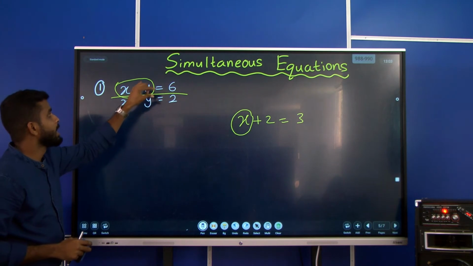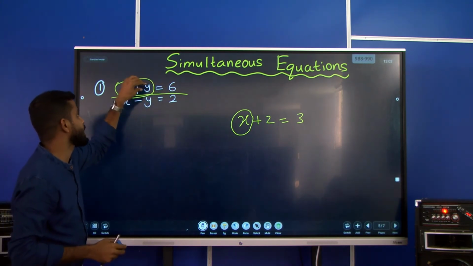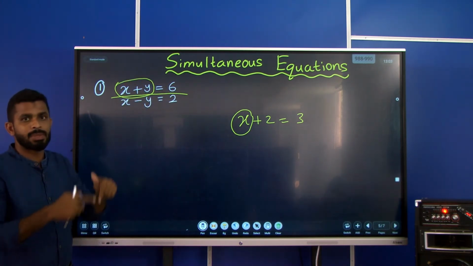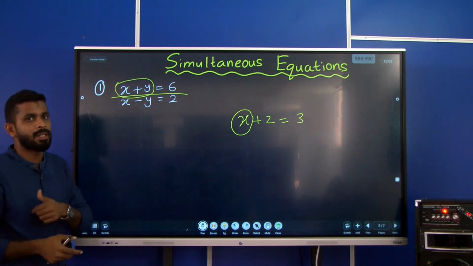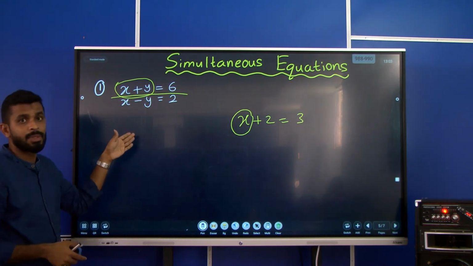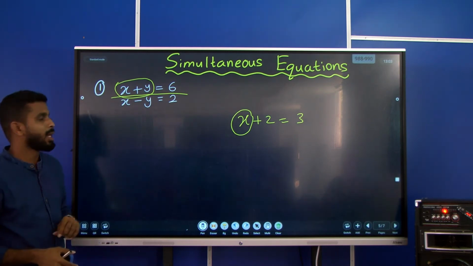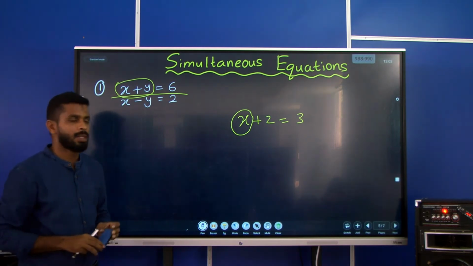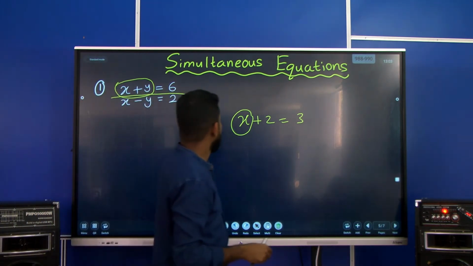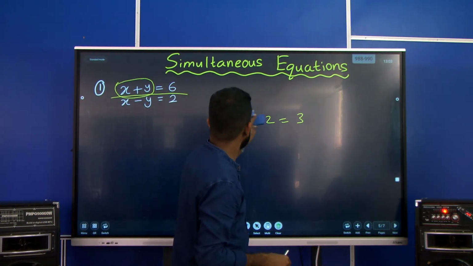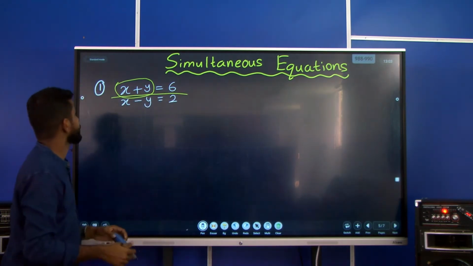When we have a simultaneous equation, we can do subtraction, addition, multiplication, division, and cut off one unknown term. We can eliminate or substitute and find the final answer. See here, I'm going to do an explanation for you.